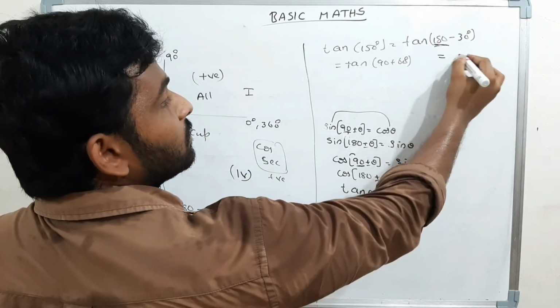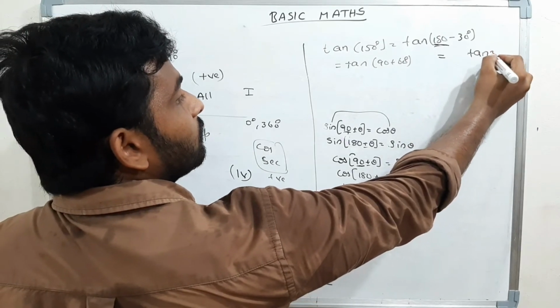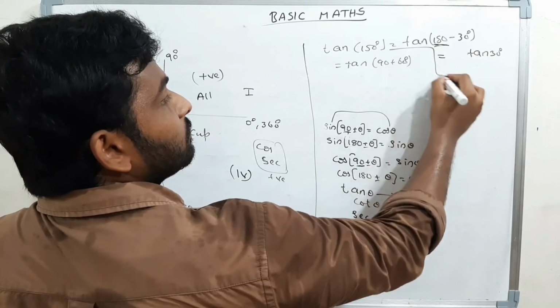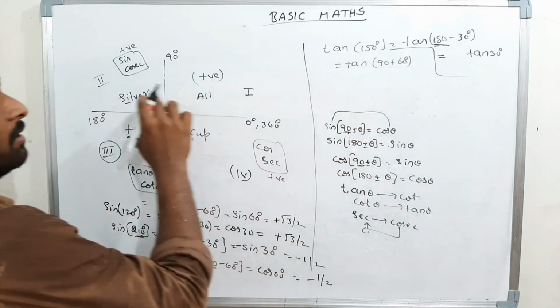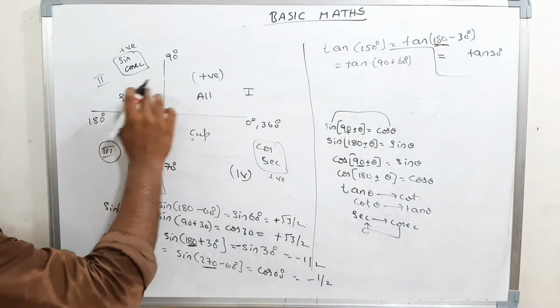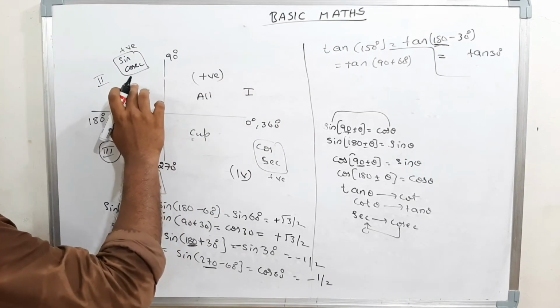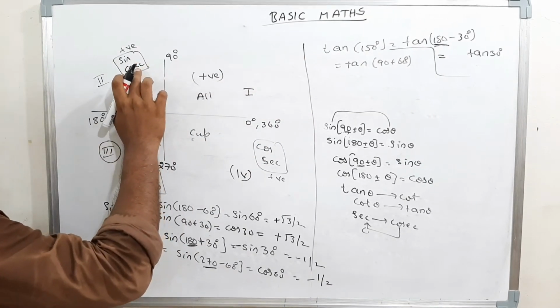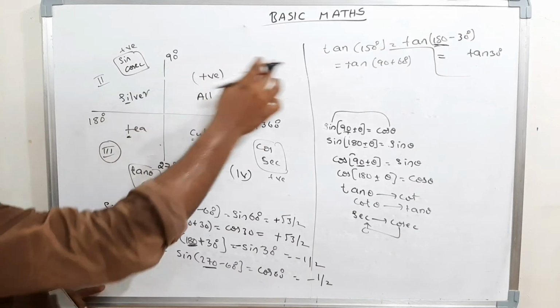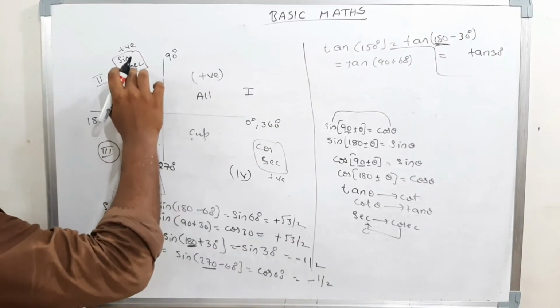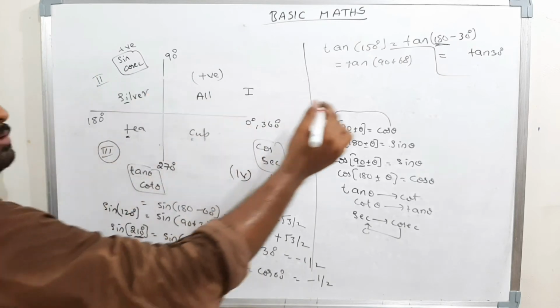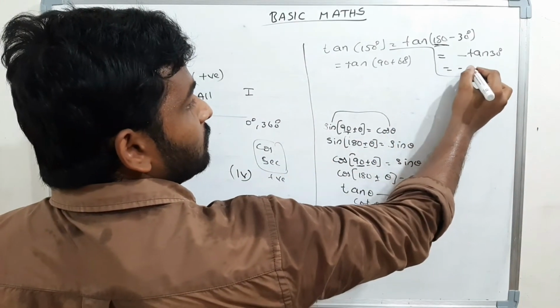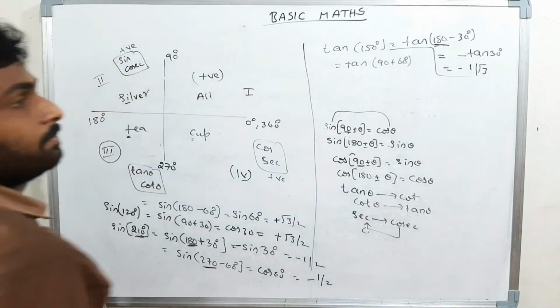There won't be any change. Therefore tan 30 degrees. Now tan 150 lies in which quadrant? Second quadrant. In the second quadrant, only sine and cosecant are positive. Remaining all, tan value is negative. Therefore, minus. That is minus 1 by root 3.